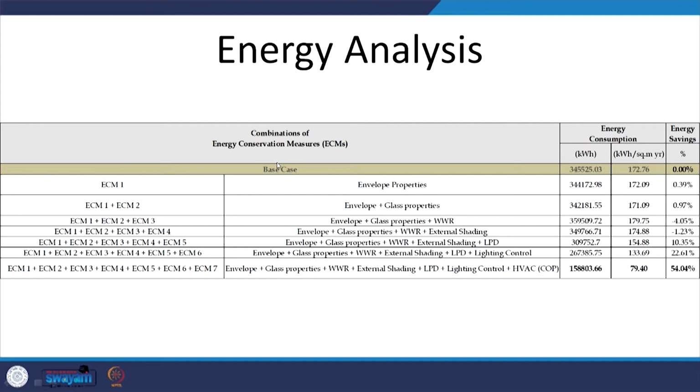If we look at this matrix, we have a base case which we have already shown how to do, and then to the base case we add energy conservation measure 1, which was changing the envelope properties, and then we simulate it.